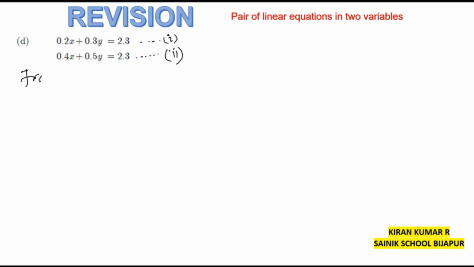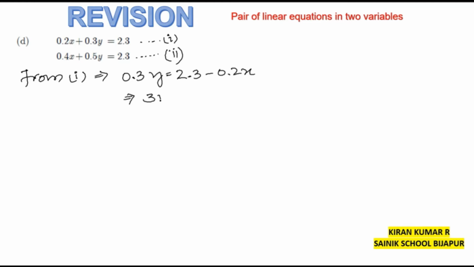From equation 1, we have 0.3y equal to 2.3 minus 0.2x. Here, to make it as a simple one, I can multiply both the sides by 10 so that there won't be any decimal left out.